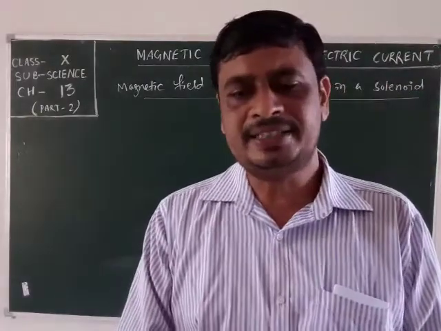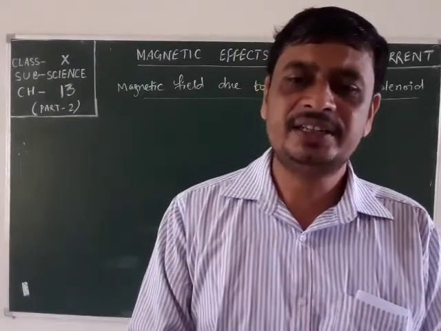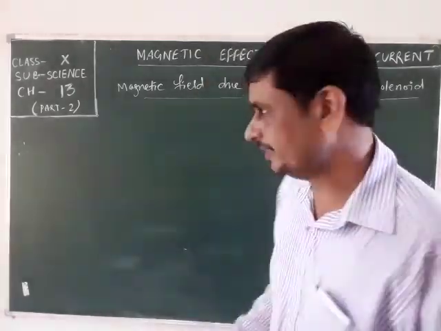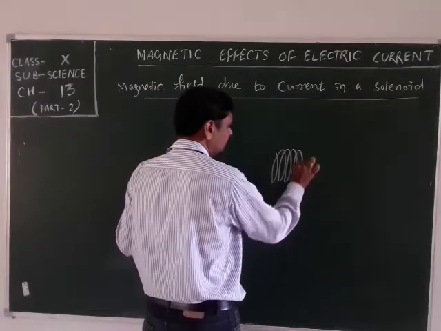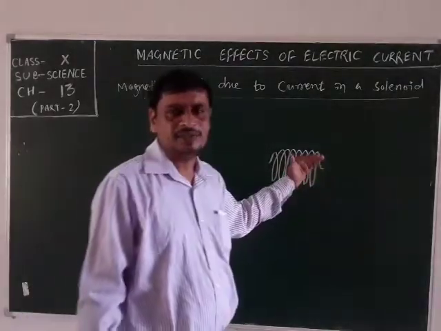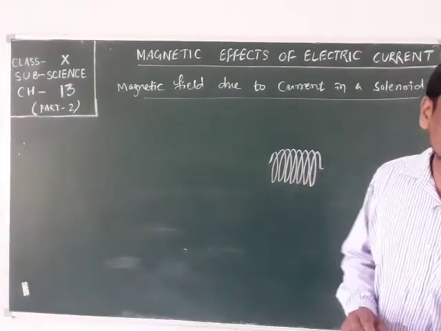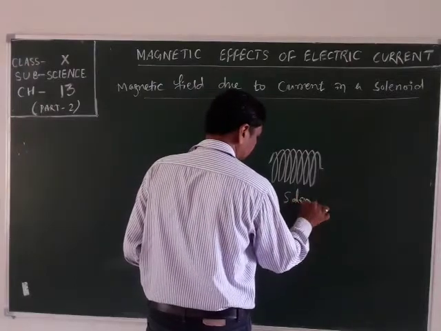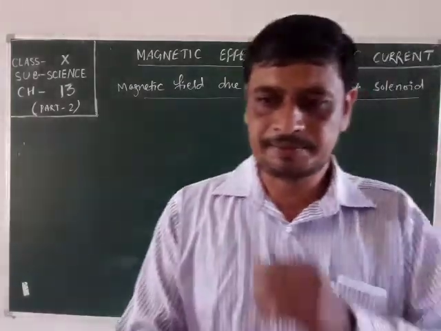A coil of many circular turns of insulated copper wire that is wrapped closely in the shape of a cylinder is called a solenoid. The insulated copper wire is wrapped closely in the shape of a cylinder.